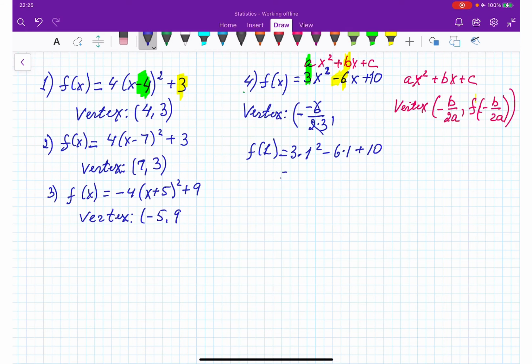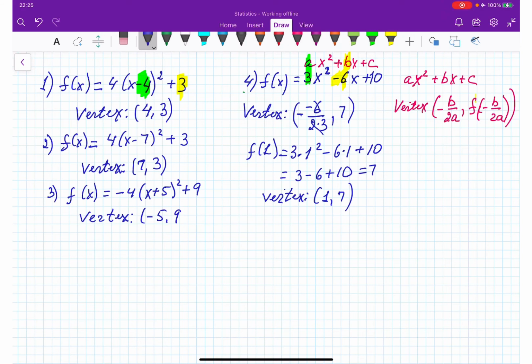So it's going to be 3 minus 6 plus 10. 3 minus 6 is negative 3, plus 10 is equal to 7, which means this is going to be 7. So let me rewrite it clean. The vertex is 1 and 7. Okay?